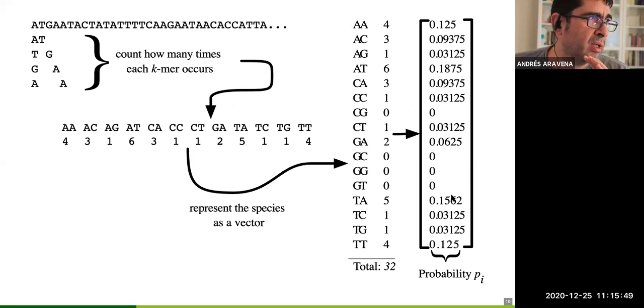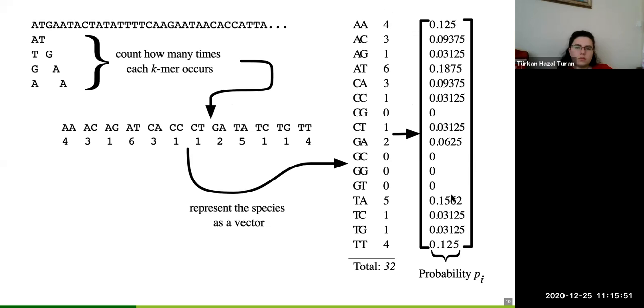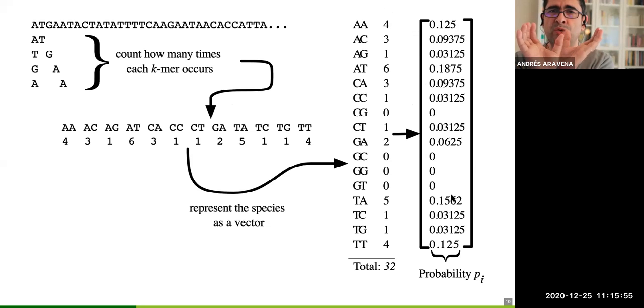We lost the idea of the context, meaning that if you take the genome and you switch the order, you can change the order of the letters, and this is not going to change. You can change the order in big blocks, of course, bigger than the k size.